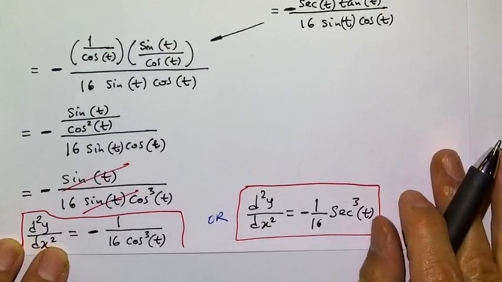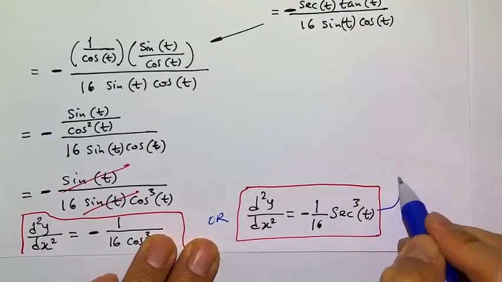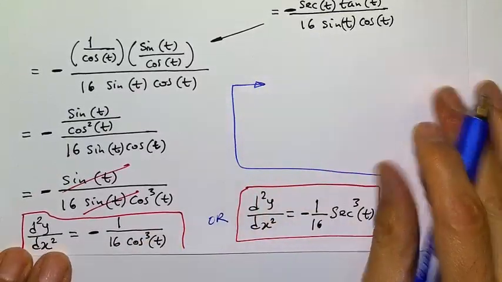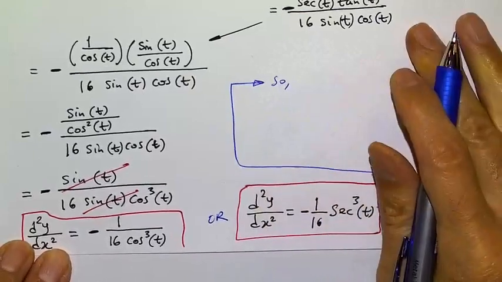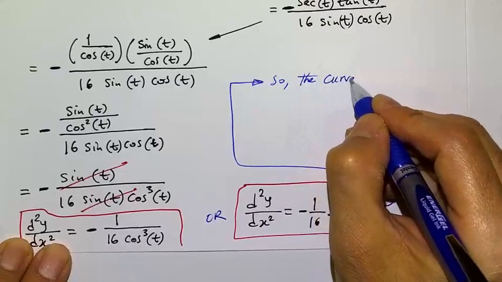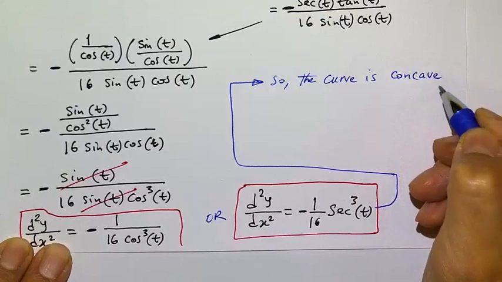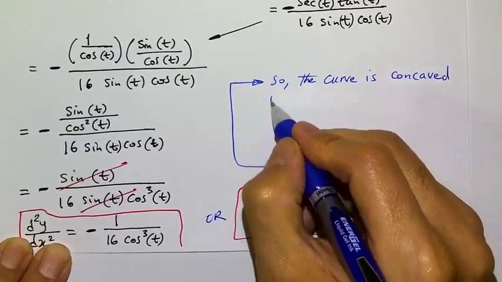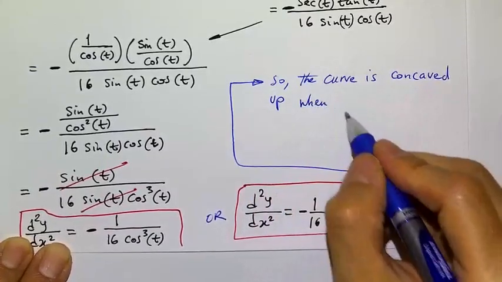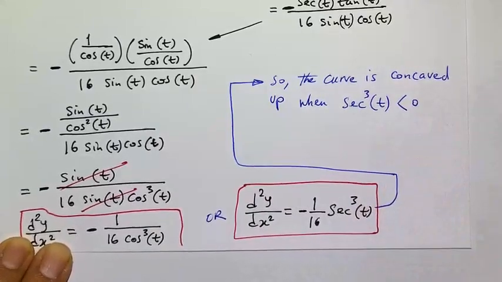Okay, so let me write that here. So the curve is concave up when this term, or secant cubed t, is less than 0.